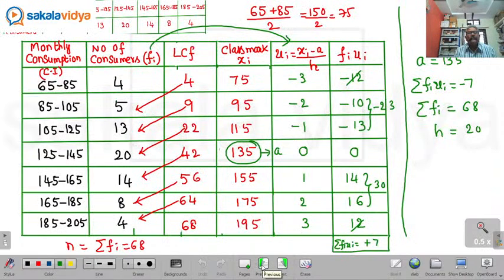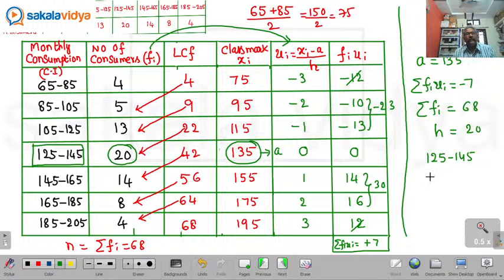previous page. Now what we need to find out this time is the mode. Mode means highest frequency. What is the highest frequency? 20. So 20 is the highest frequency. This is the modal class. So the modal class is 125 to 145.